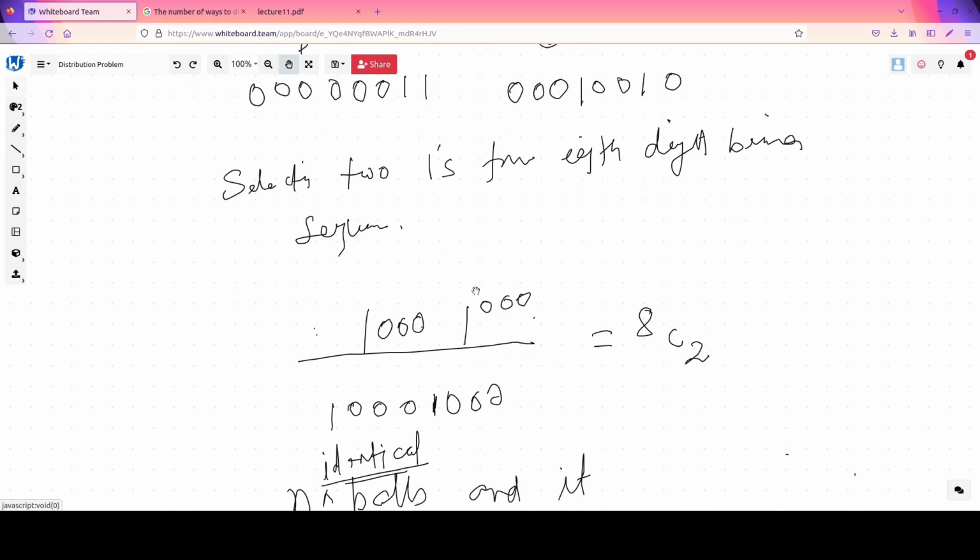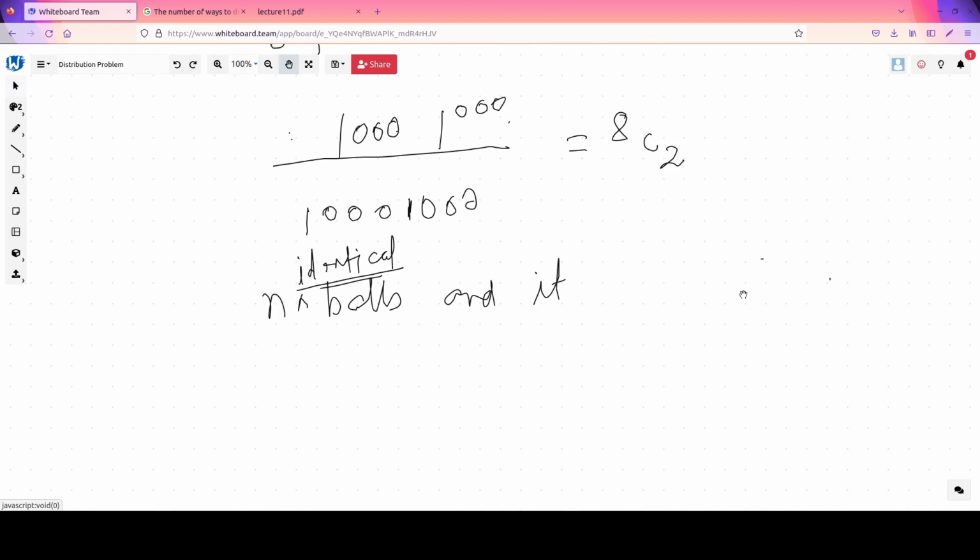And so this is n identical balls in k distinct urns, right? So what you can do is that in case there are three urns or three boxes, you have seen that you can place a bar to distribute it, to break it into three different boxes.